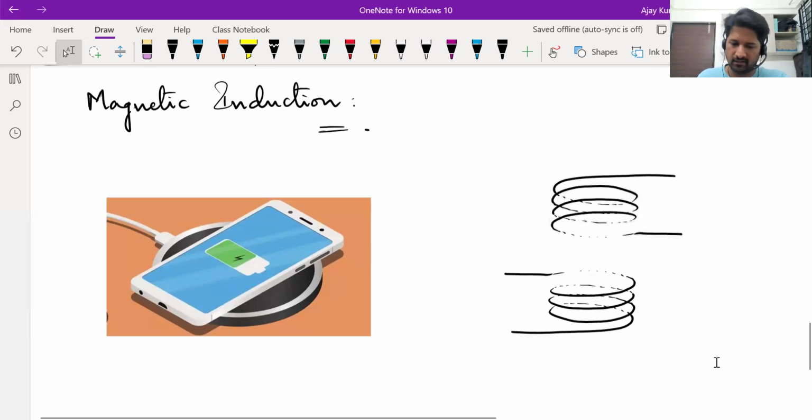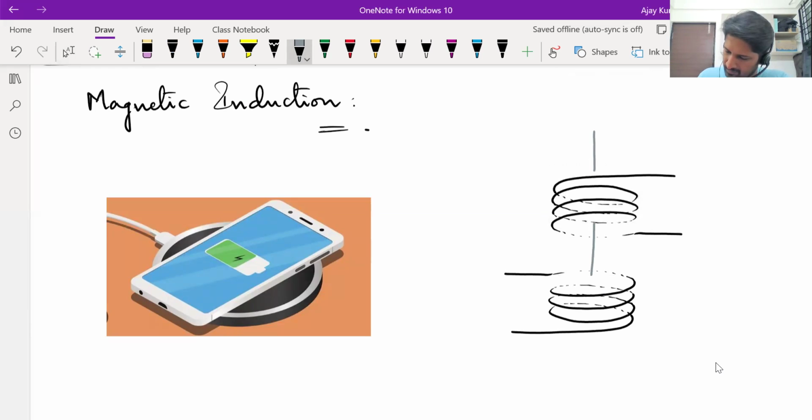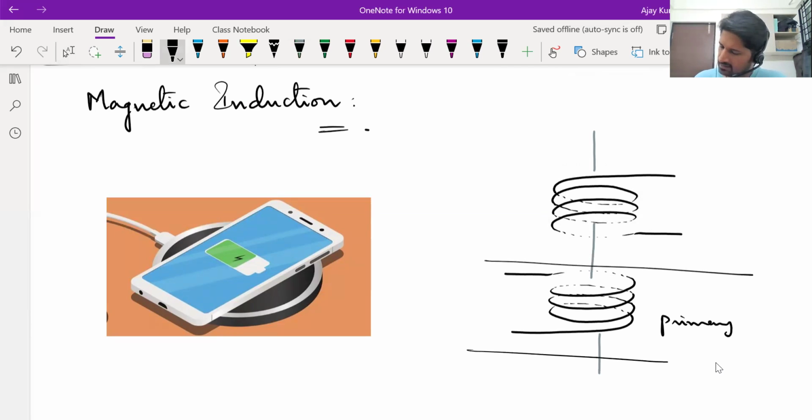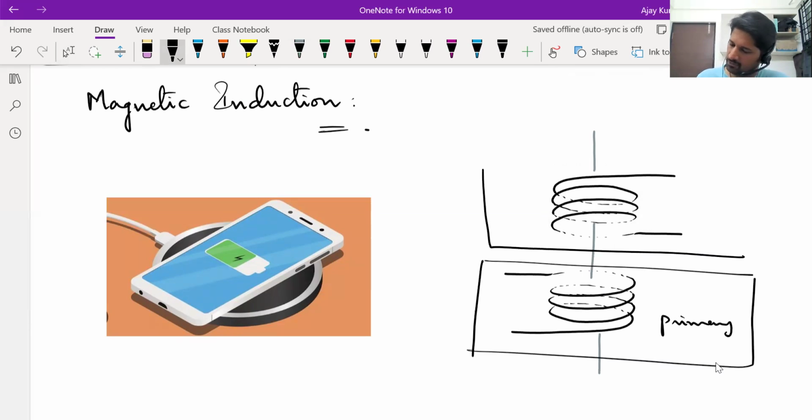They are coaxial, means they have the same axis. Now, the lower coil, you can call it the primary. Assume this coil is inside the charging pad, and the other coil is in the mobile phone. You can call it the secondary.